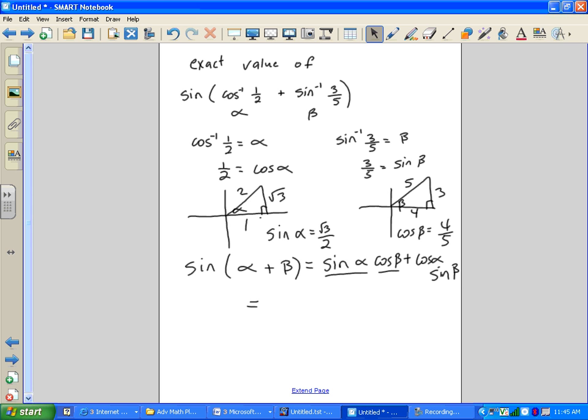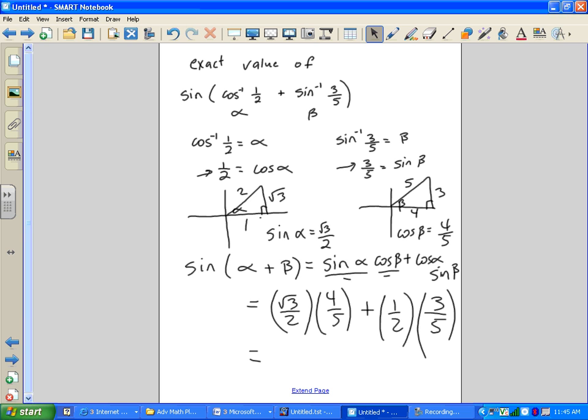Now let's fill all this in. So sine of alpha times cosine of beta, that's going to give me square root of 3 over 2 times 4/5, plus cosine of alpha times sine of beta. So recall cosine of alpha was a half, and the sine of beta right there was 3/5.